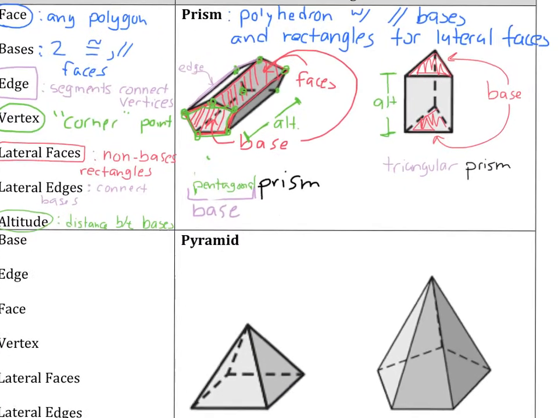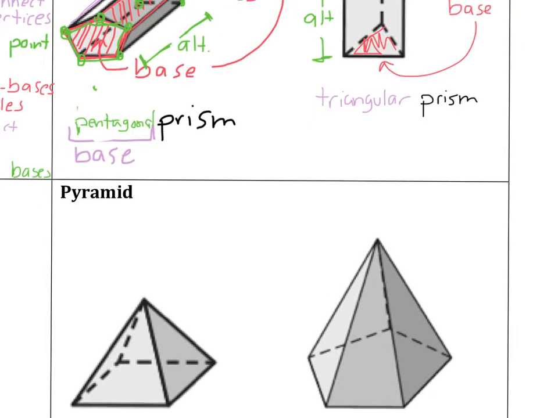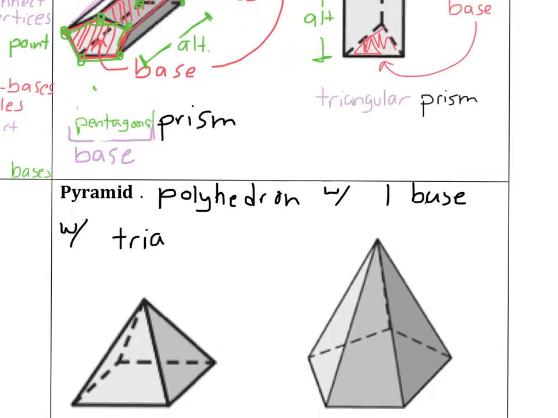So a pyramid is a polyhedron with one base, and lateral sides or lateral faces with triangular faces.